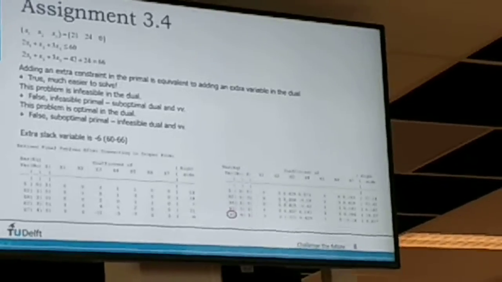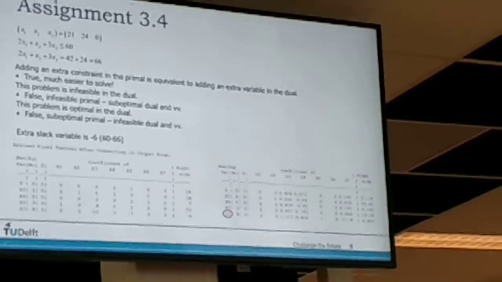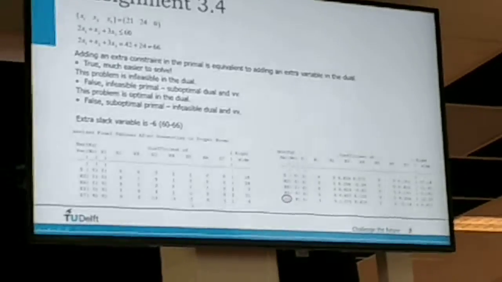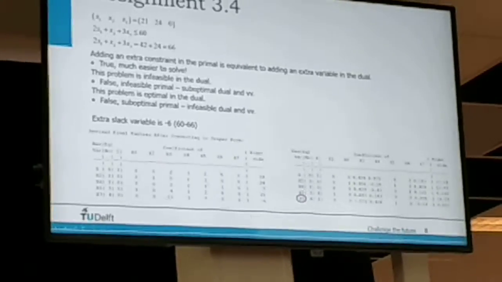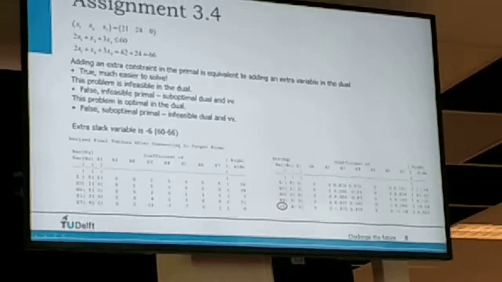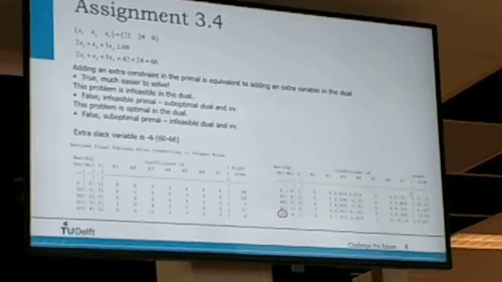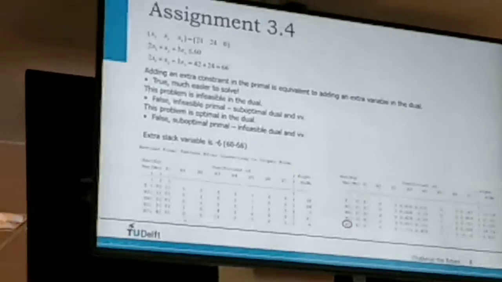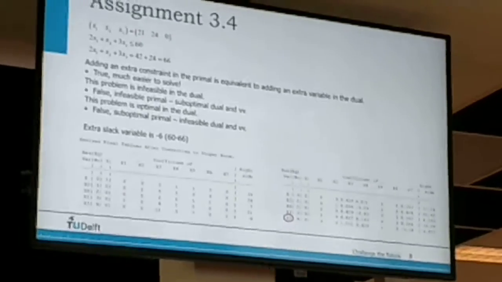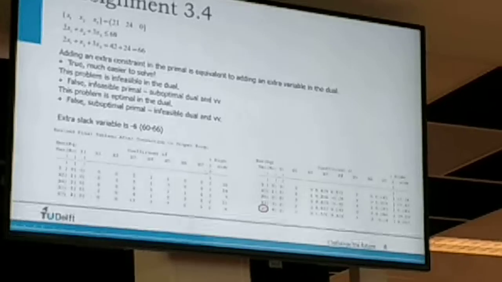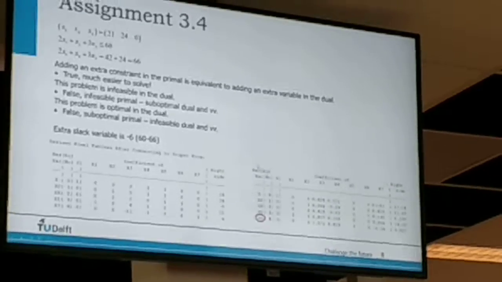So 1 divided by 7 is the smallest ratio, so x5 is our leaving basic variable. If we do all the eliminations, we get the solution, which is not quite as nice as the original solution. What we see now is that x5 is a basic variable and x7 is now non-basic, so here we've applied the dual simplex method.